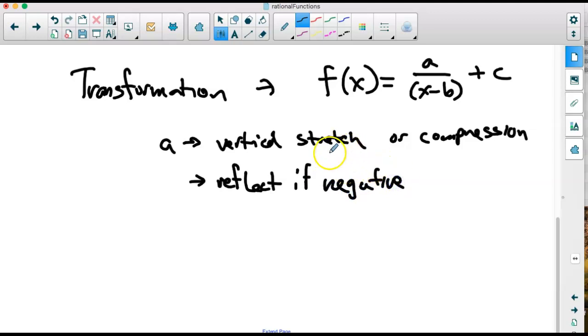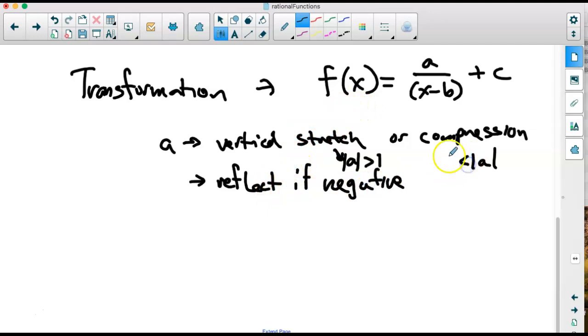Now it's stretching if the absolute value of A is greater than 1. If it's bigger than 1, then it's going to be a stretch. We use the absolute value of A because if it's negative, we just reflect it.